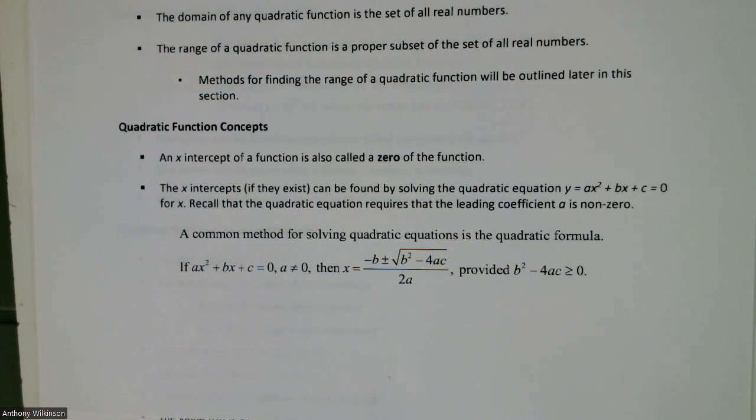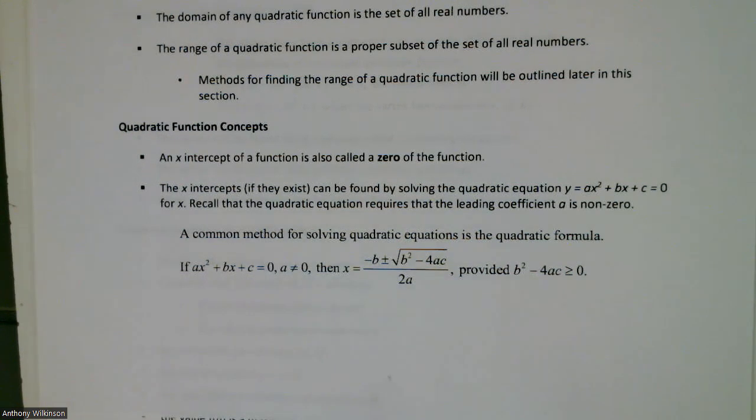The x-intercepts, if they exist, can be found by solving the quadratic equation y equals ax squared plus bx plus c, setting y equal to 0, and solving for x. Recall that the quadratic equation requires that the leading coefficient a is non-zero. A common method for solving quadratic equations is the quadratic formula.